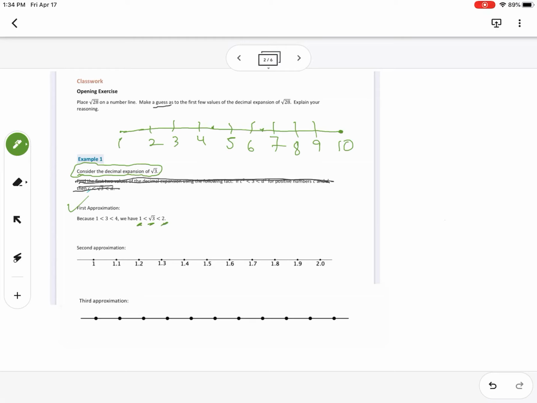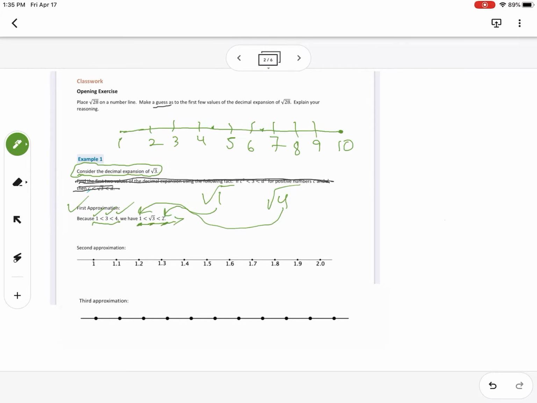How they got that is the square root of 1 is 1, and the square root of 4 is 2. They know it's going to fall between there, just knowing some basic facts. And that's where they got these numbers. Find the square root of that, that, and that. 1 is smaller than 3, 3 is smaller than 4. Their answers would also have to fall in that same line.